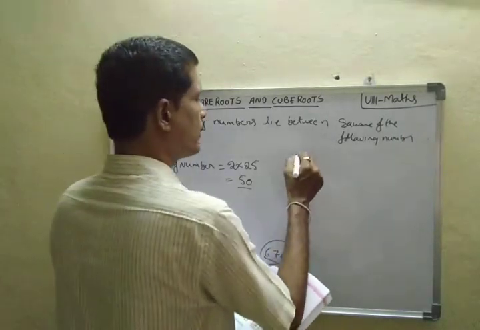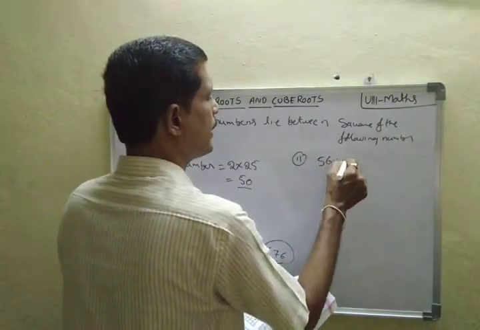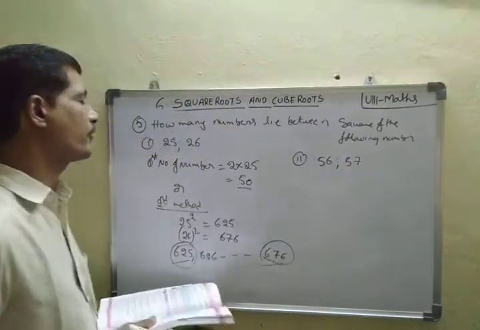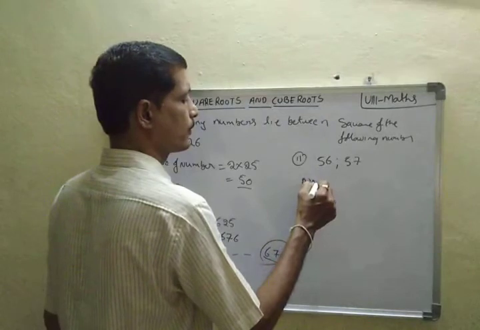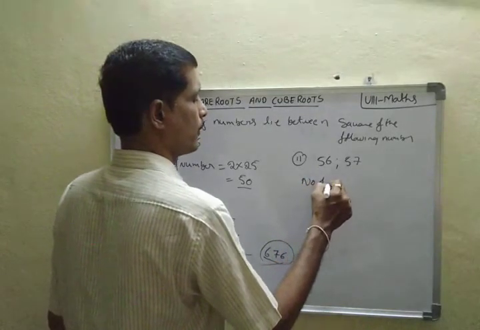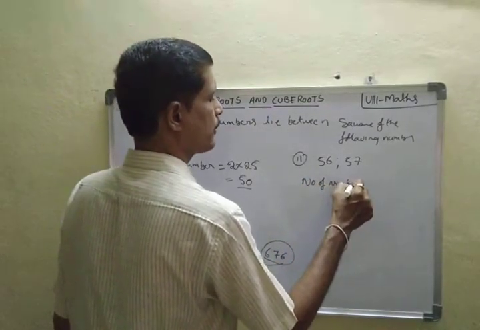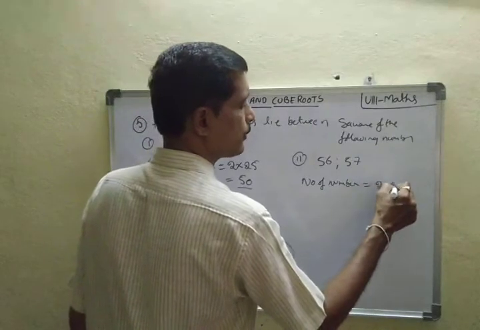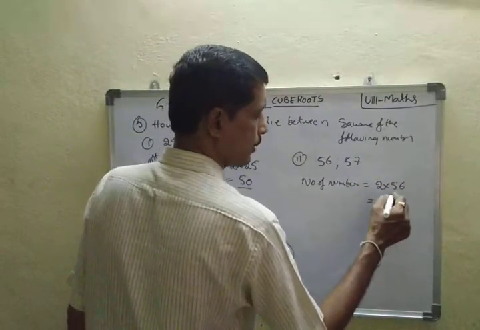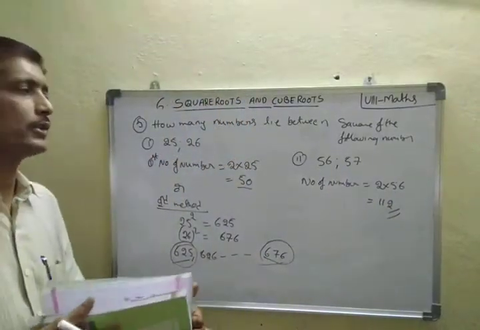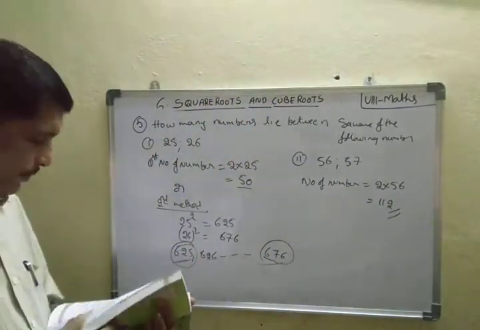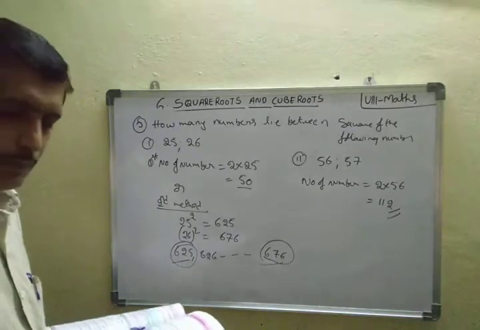Next, the second one is 56 and 57. Therefore twice the first number, 2 into 56, equals 112. The 56 whole square and 57 whole square, you multiply and simplify it. Okay? Next one.